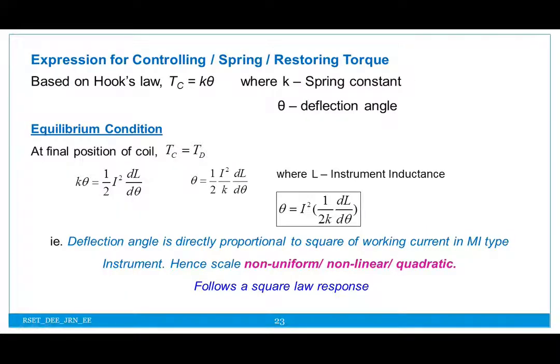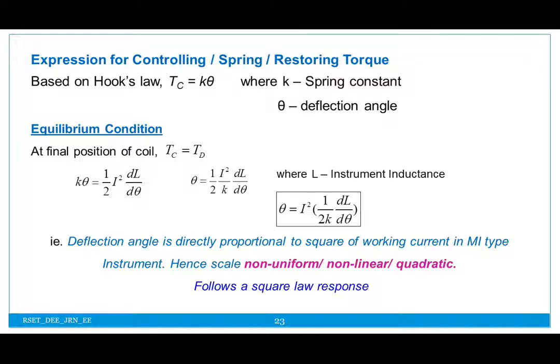Now the expression for controlling torque, otherwise known as spring torque or restoring torque. Again, similar to the previous two instruments, you have the very same equation. TC is equal to K theta, where K is the spring constant and theta is the deflection angle. At equilibrium condition, TC should be equal to TD.